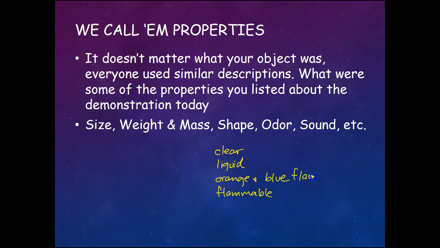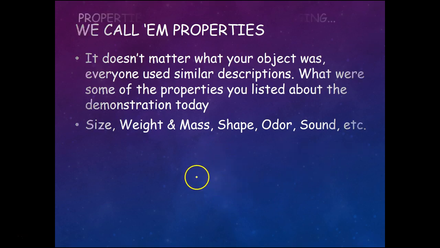We know that some of us put it on our hand, and when we blew on it, it felt cool when blown on. So we know some of those things. All of these things are considered properties, things that describe what that material was that we were talking about.